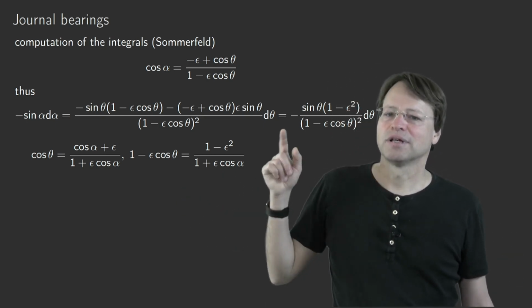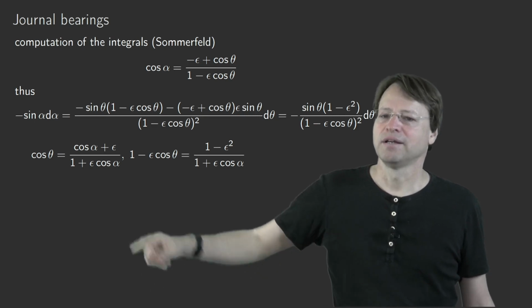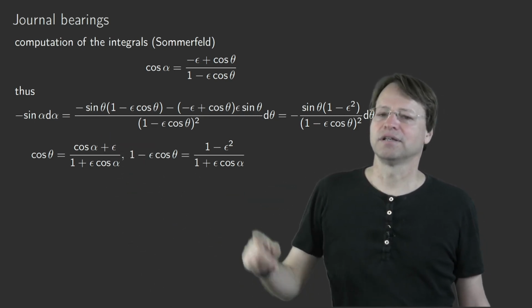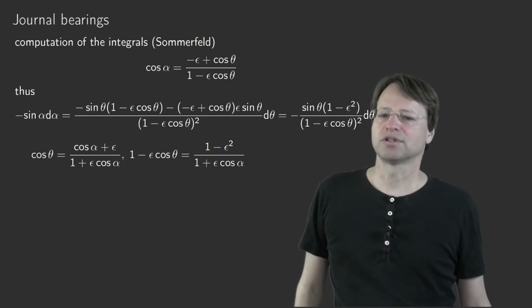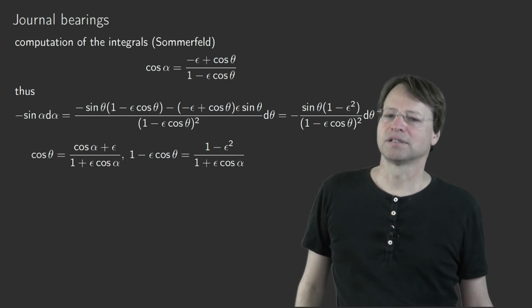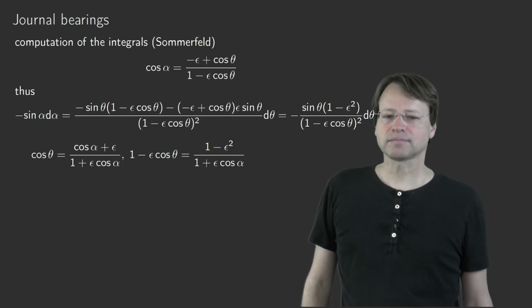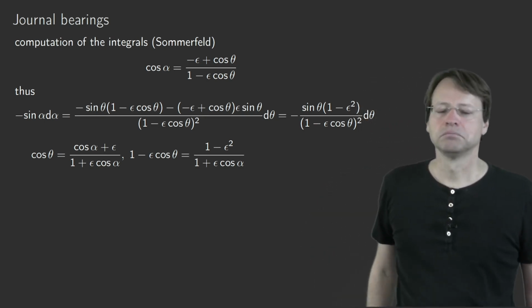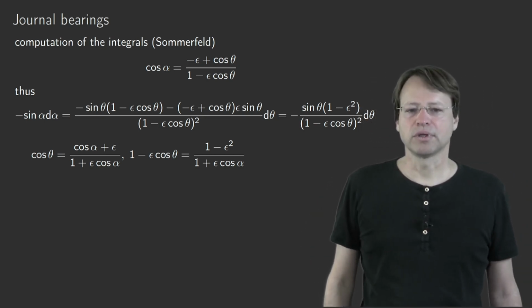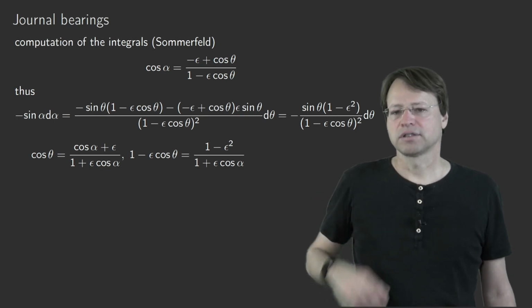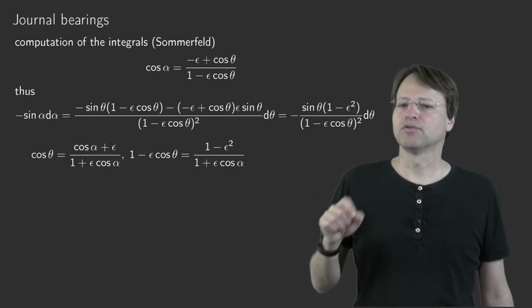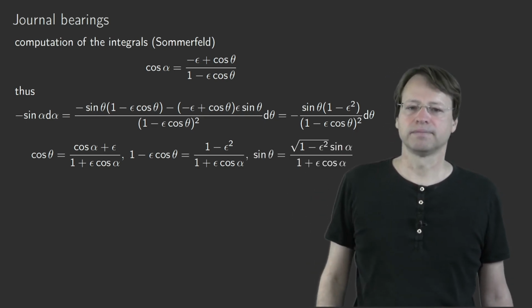You will lose in this way the cosine alpha here, and you get just 1 minus epsilon squared divided by 1 plus epsilon cosine alpha. And for the sine theta, you apply the trigonometric Pythagoras and you express sine theta as being the square root of 1 minus cosine theta squared.